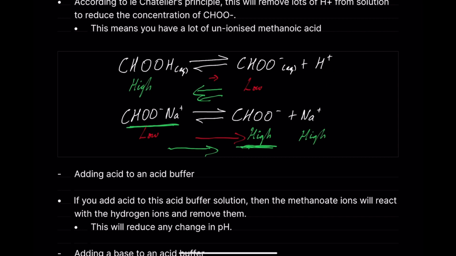And then eventually this concentration of H plus will become low again, because we used up any increase in H plus with the methanoate ions, right? And eventually, over time, the equilibrium for the first reaction will return to where it exactly was before.